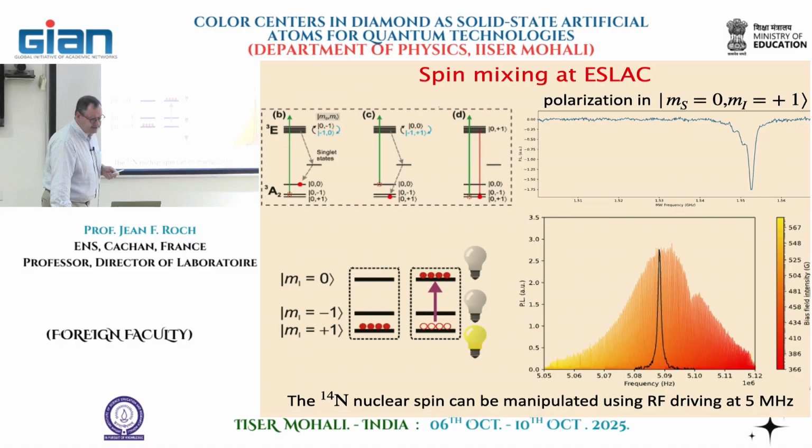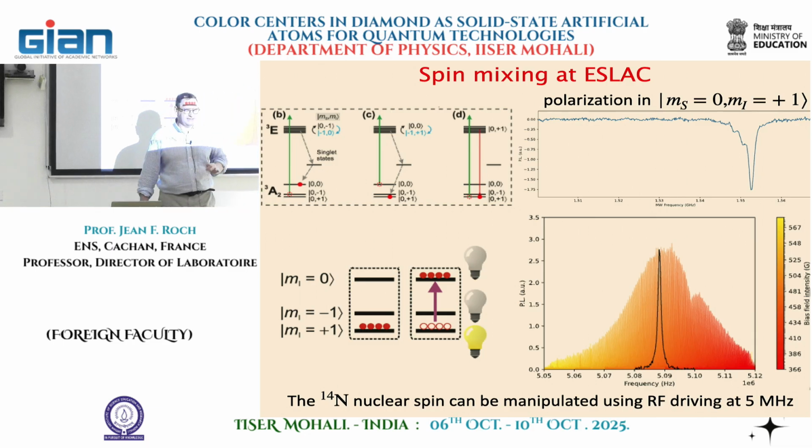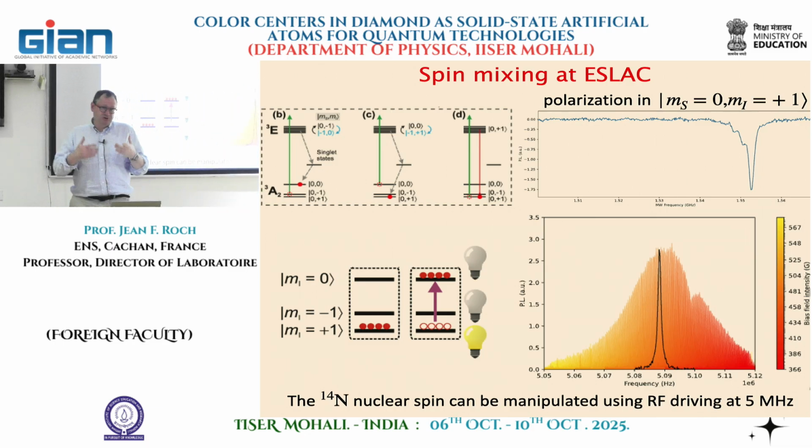And again, this is very, very nice, because after some optimization you end up with that. And when you get that, you can quantify that more than 90% of the population is actually transferred to a given mI state. So the nuclear spin polarization is higher than 90% with that.